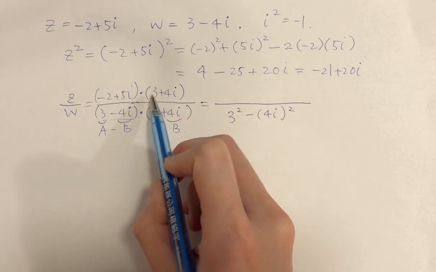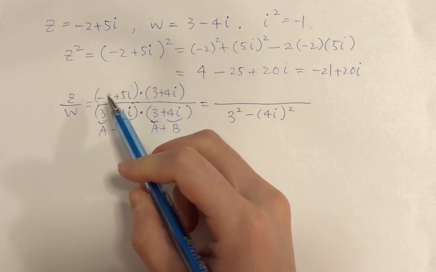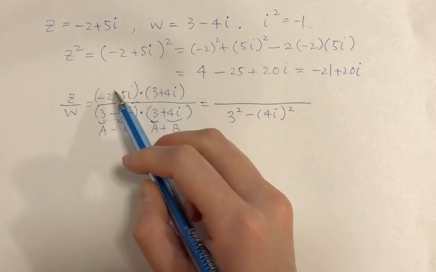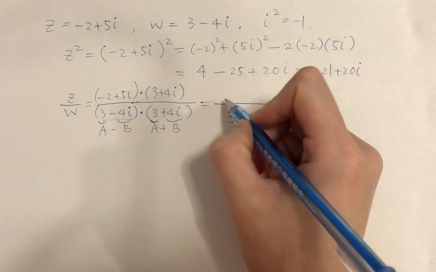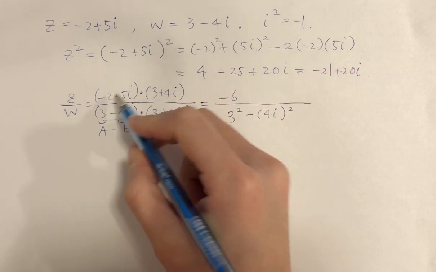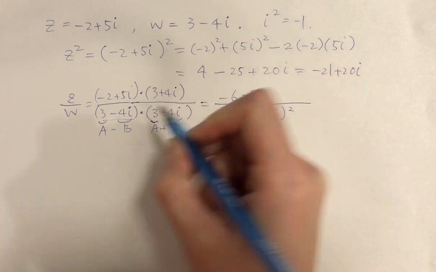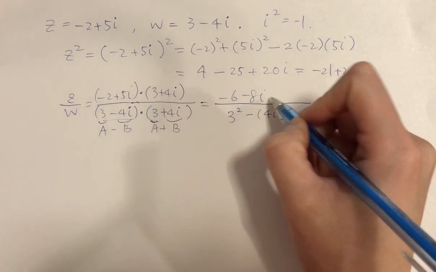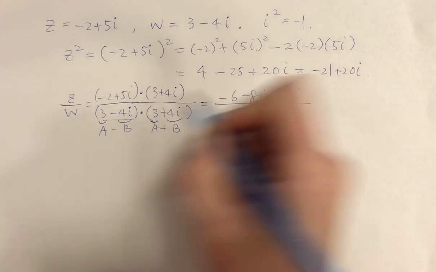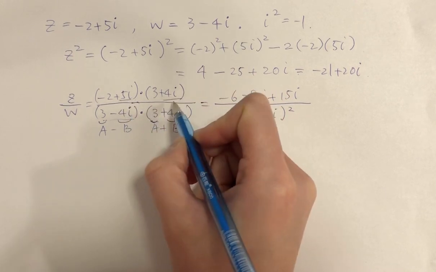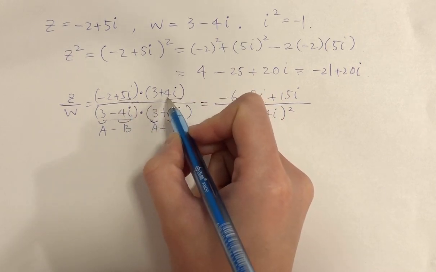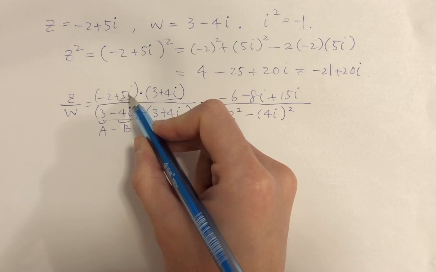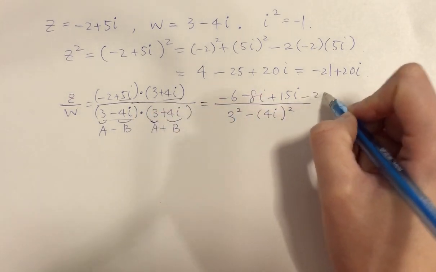And on top, I guess the only thing you can do is foiling. So this is -6, -8i, plus 15i. And these two multiply together: be careful, it's 20, but it's negative because you have i squared, so -20.